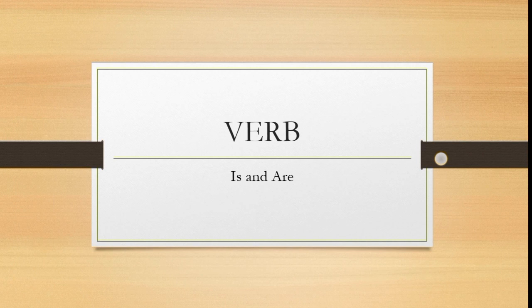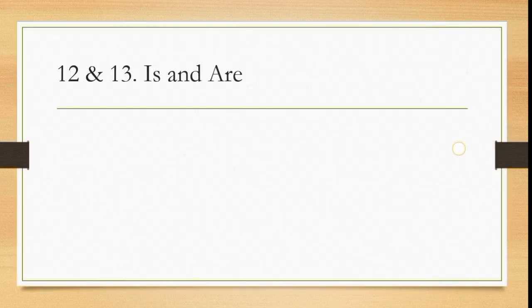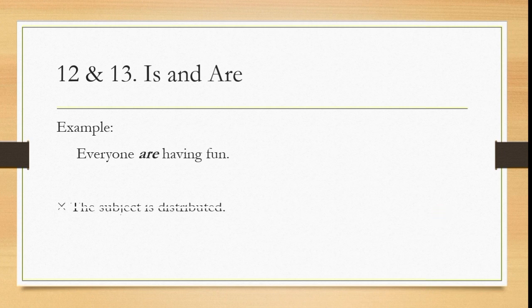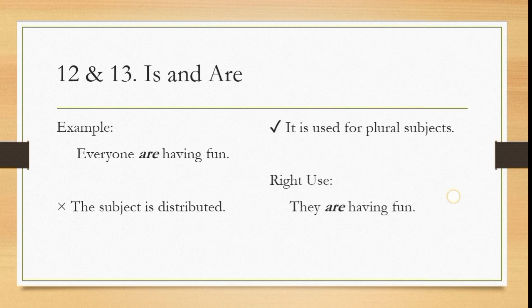Now, the difference between the verbs is and are. Example, everyone are having fun. It is a mistake because the subject is singular, and the word "are" is supposed to be used for plural objects. Example, they are having fun.